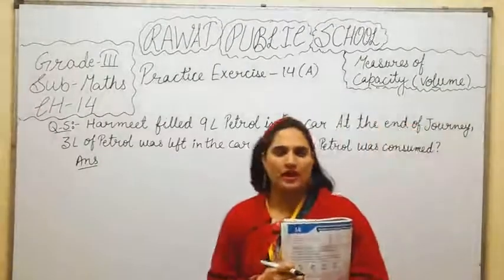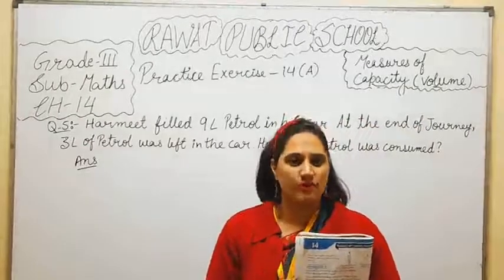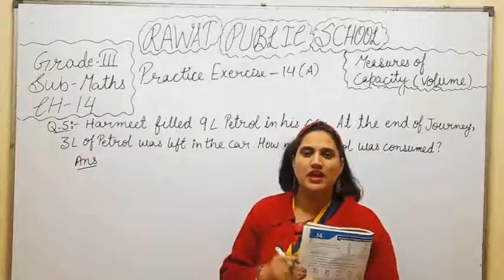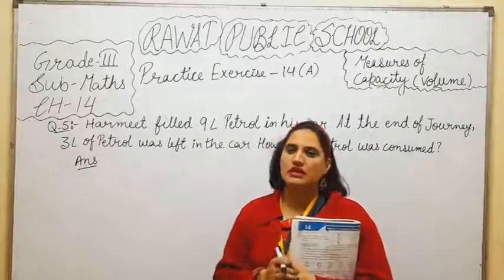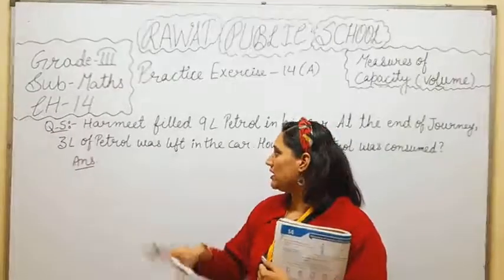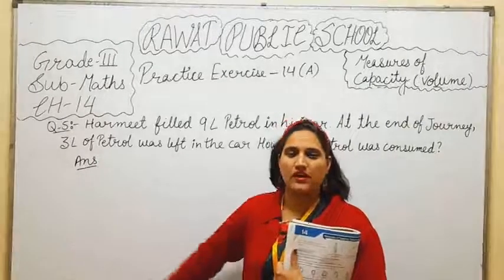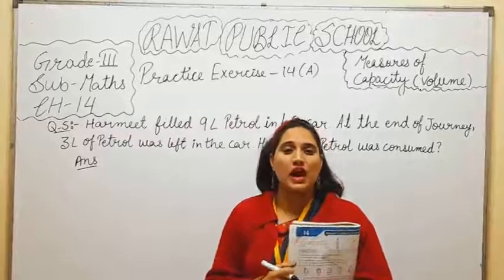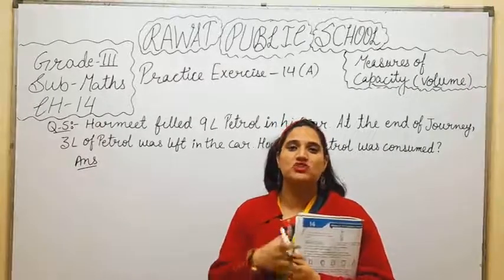Here is a boy named Harmeet who filled up his car with 9 liter of petrol when he went for the journey, and when he came back from the journey, 3 liter petrol was left in the car. So we have to find out how much petrol he consumed in his journey.